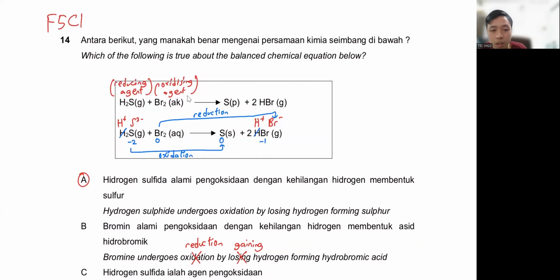Question 14. A. This one is Form 1 Chapter 1. Now, this one is talking about whether something undergoes oxidation or reduction.